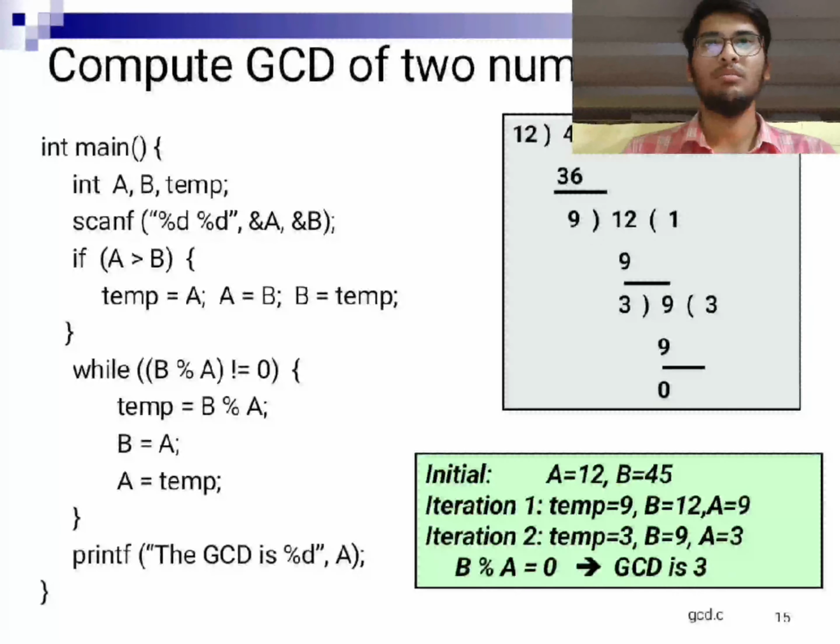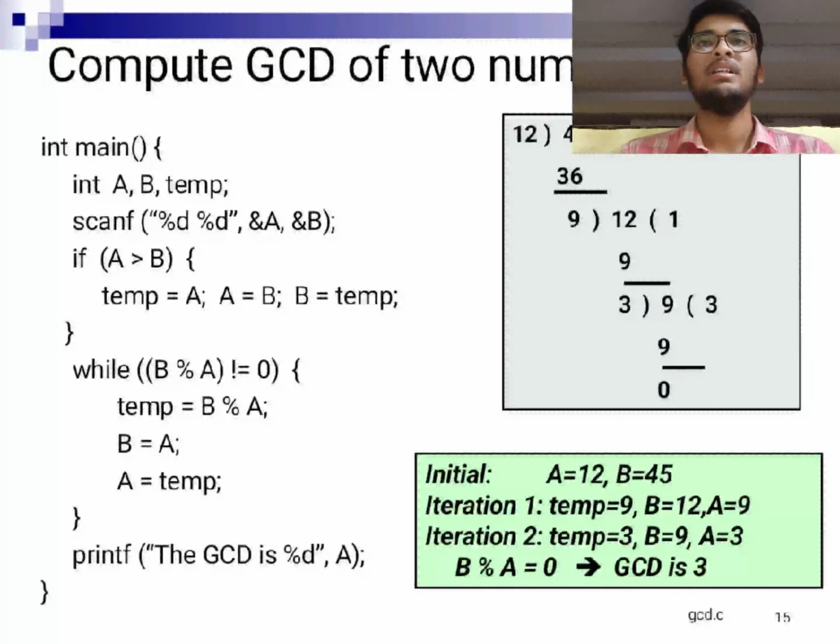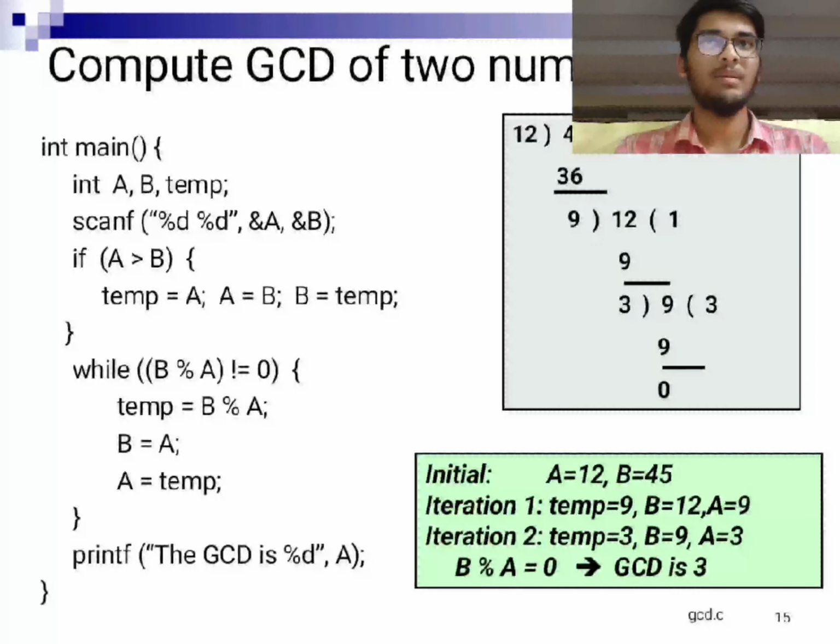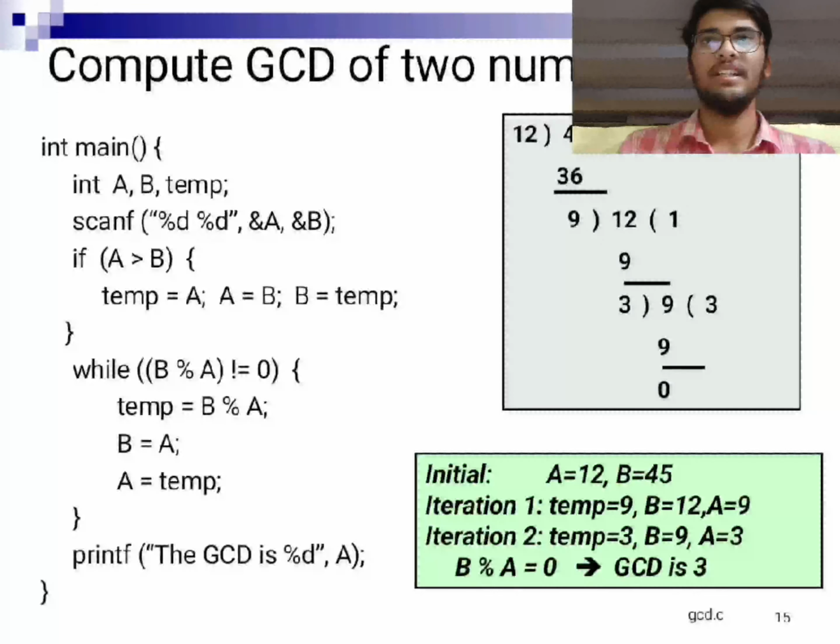Compute GCD of two numbers. Int is the return type. In the main block, int a comma b comma temp are initialized, and these three are of int type, taking two values from the user.